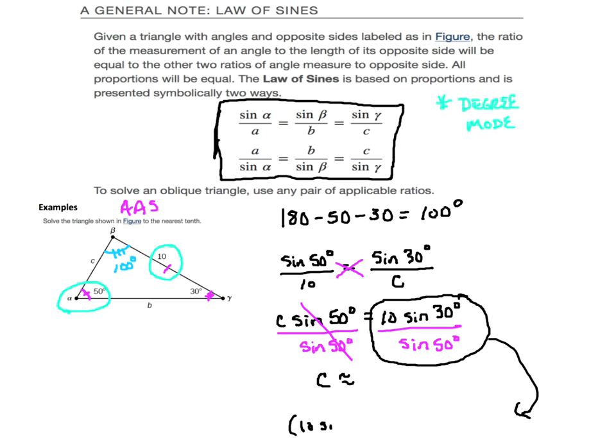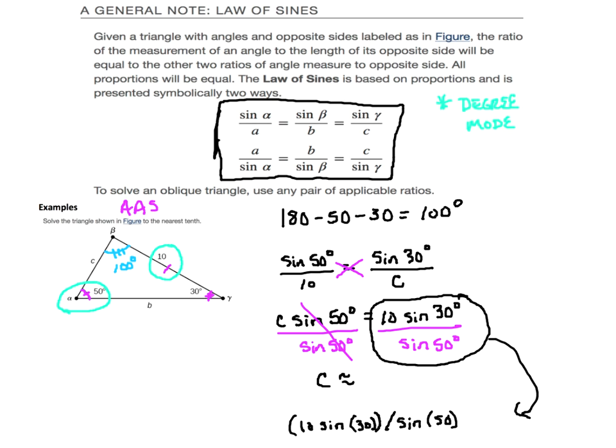I put 10 sine, open a parenthesis for the sine, 30, close the sine, close the numerator, divided by sine, open a parenthesis, 50, and close that sine off. That's what I put into my calculator.